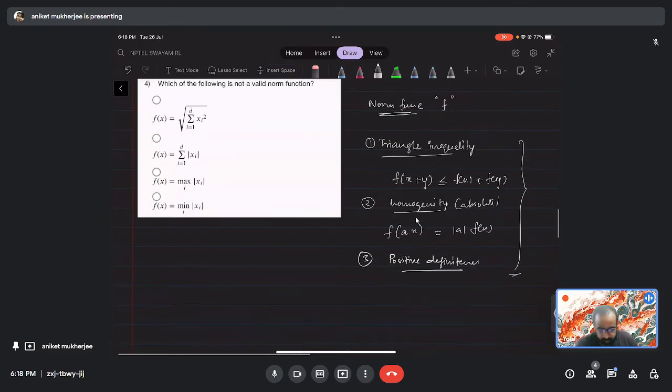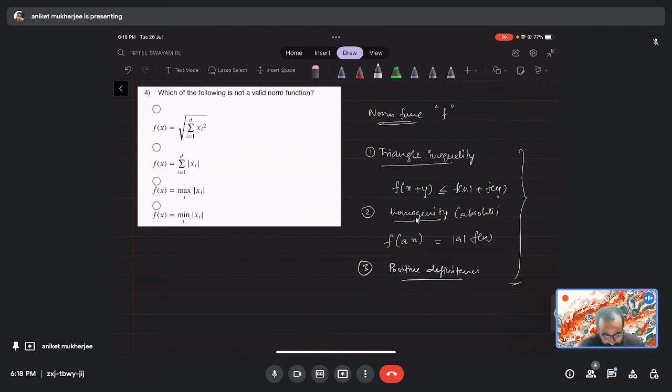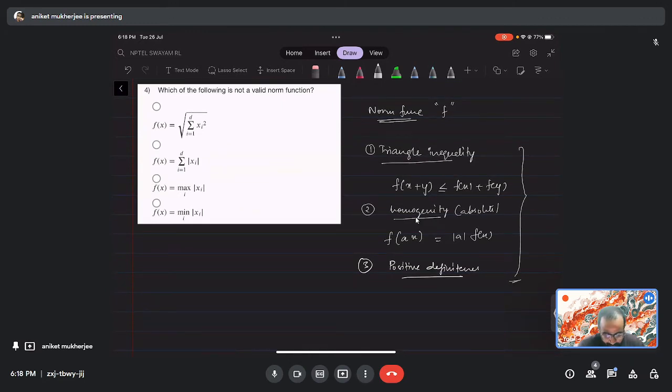Now we'll try to check all the properties for all the options that have been given. Mainly I'll be checking the triangle inequality, because absolute homogeneity and positive definiteness, I think most of the functions follow, because the second, third and fourth options have modulus in them, so there is no way of getting a negative number, so it will always be positive. The first one has a square, so even if you have a negative element in the term, it will become positive.